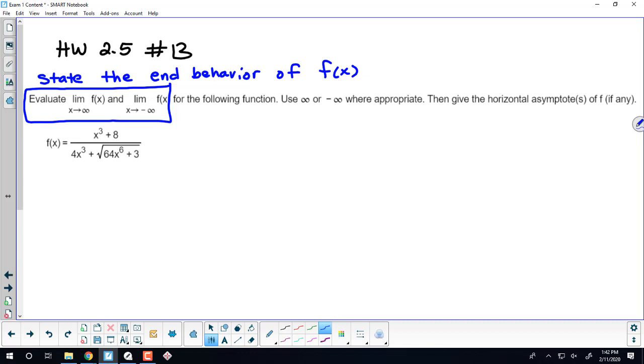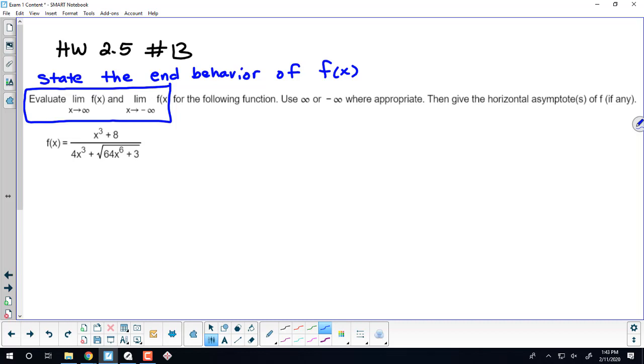There was one particular type of function that we looked at where the limit at infinity and the limit at negative infinity would be the same. Does anybody remember what kind of function that was? Okay, if you don't, then if it asks for end behavior, you have to compute both of these limits.